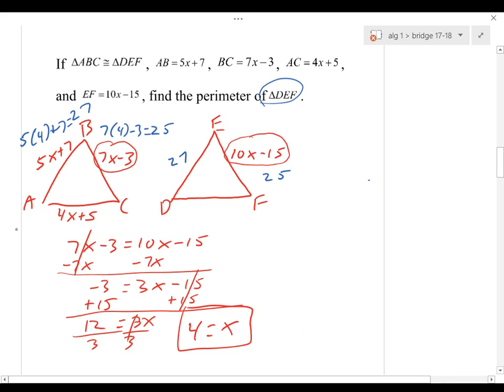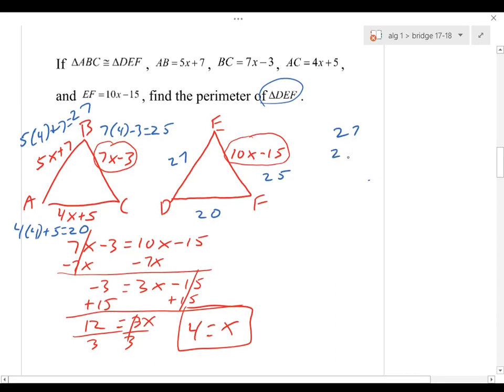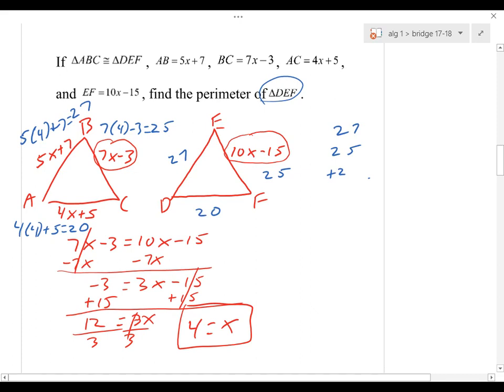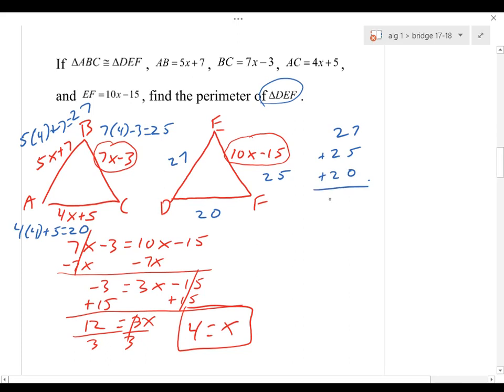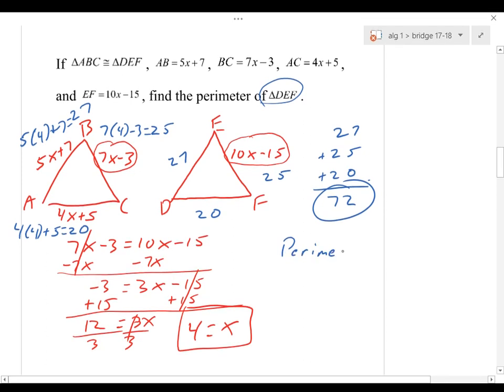And the last one we have is 4 times 4 plus 5 equals 20. So I can add up the 3 sides for our perimeter. It is 72. So the perimeter equals 72.